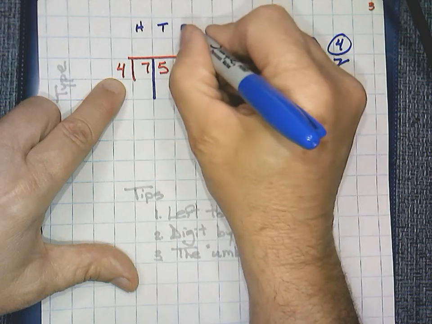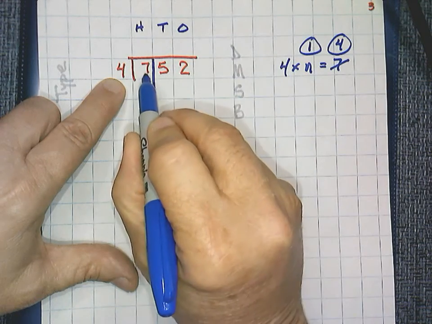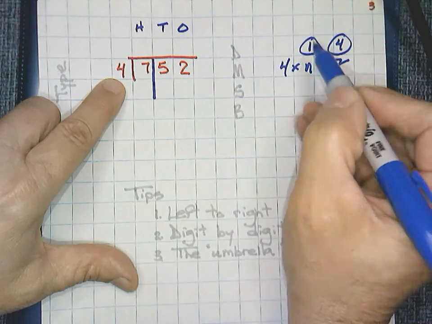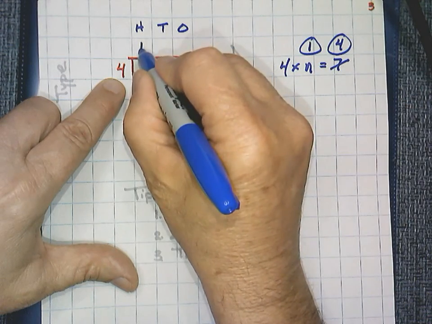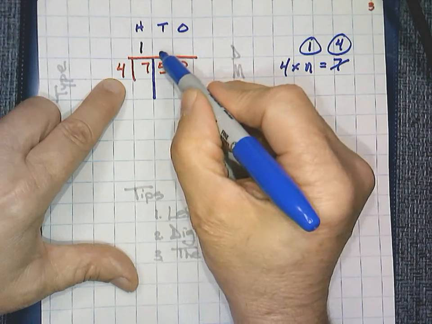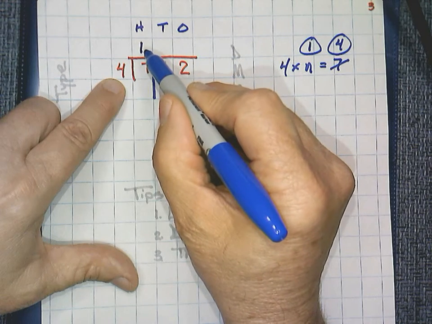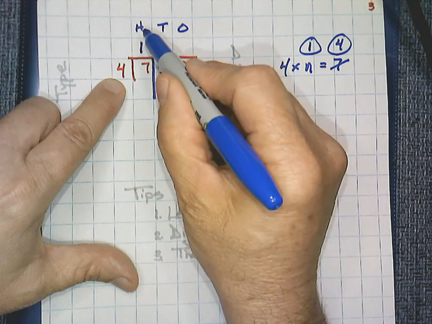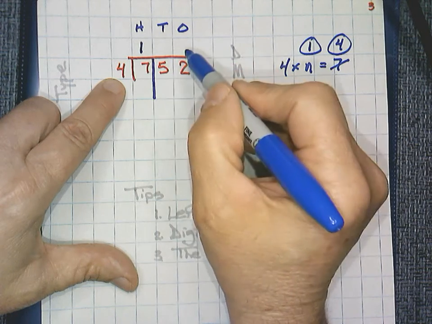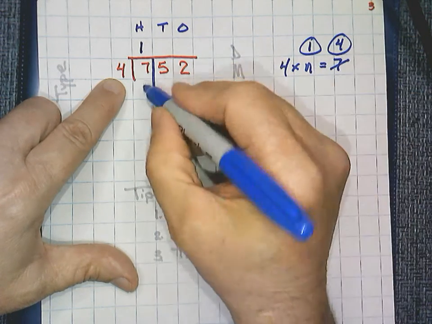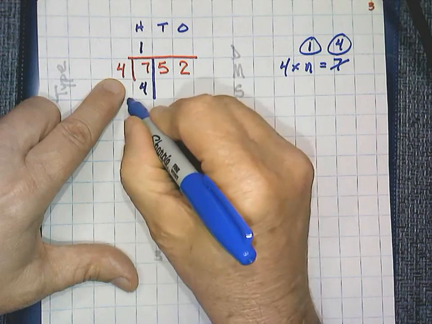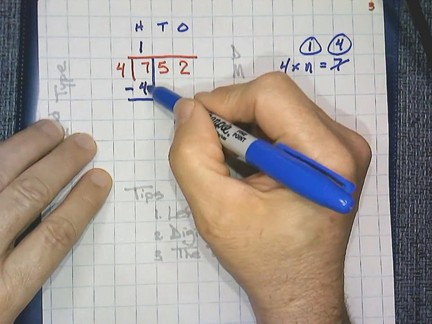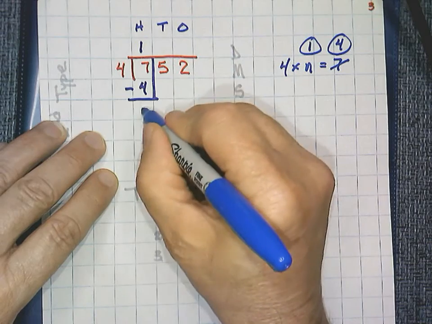This would be tens. That would be ones. And we're analyzing digit by digit, in this case, the 700. So this 1 comes right there. What this implies is that your quotient, or your answer, is going to be 3 digits because a 1 is in the hundreds. And remember, that would be a 3-digit number. The 4 comes here, and we work through our steps like always. 7 and 4 are not the same. Then we subtract.